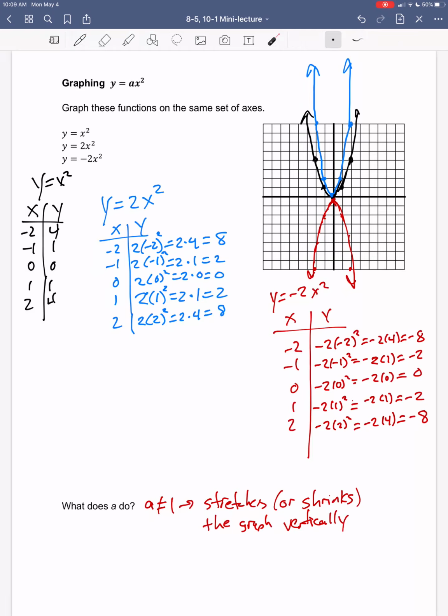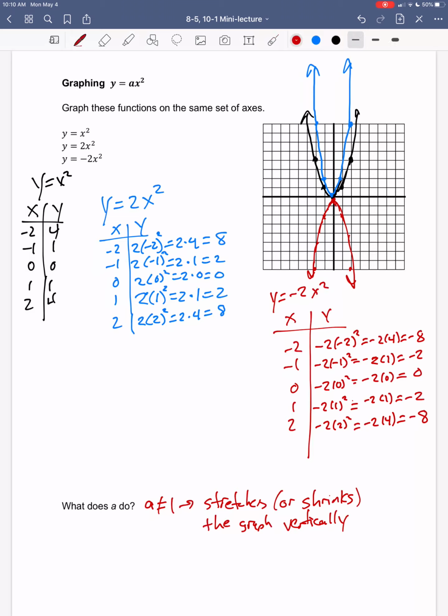It could shrink; here I did 2x squared. If I would have done something like a half x squared or 1/3 x squared, it would have taken these original y coordinates and multiplied not by 2 but by a half or a third, and all the y coordinates would have gotten smaller than the black graph. So it would have been a shorter parabola, like a wider parabola. The blue graph was narrower.